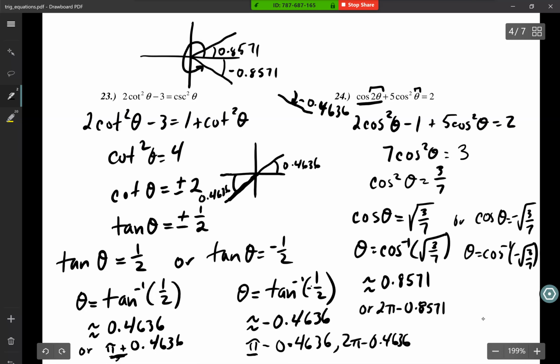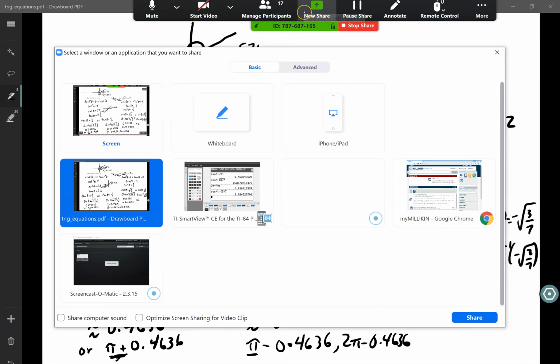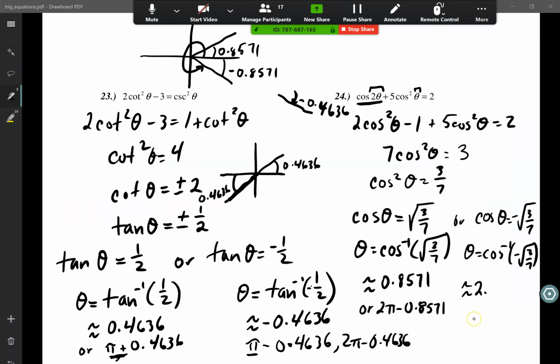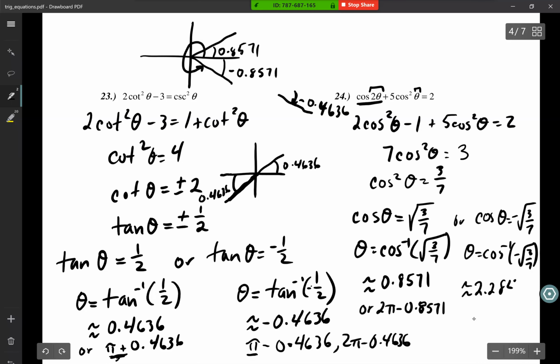over 7. And now I've already forgotten what that number was, 2.28 something, 2845. So again, if I think about the picture, the angle that we just found is this one.